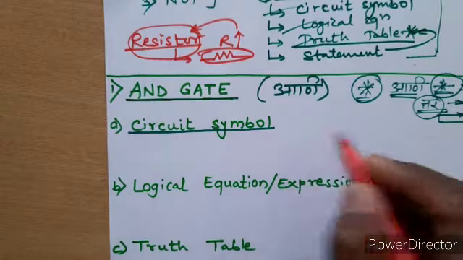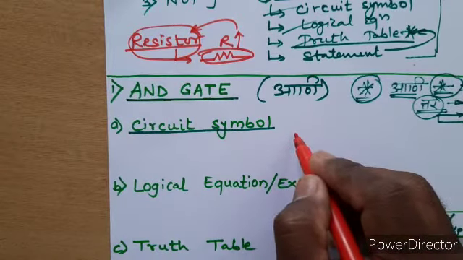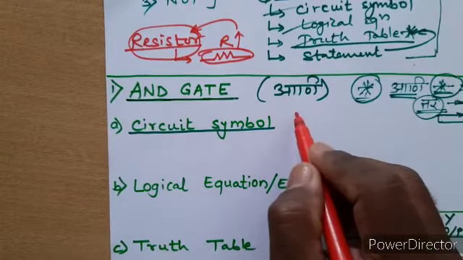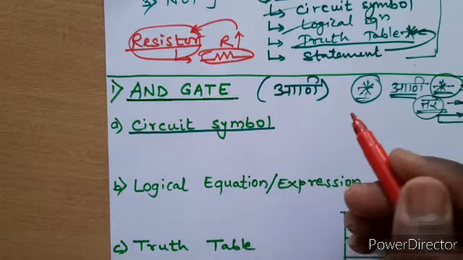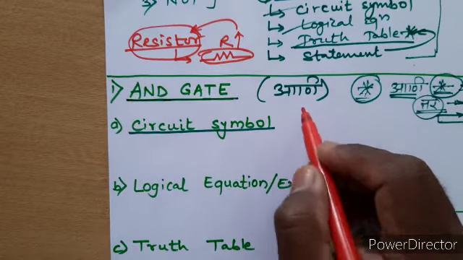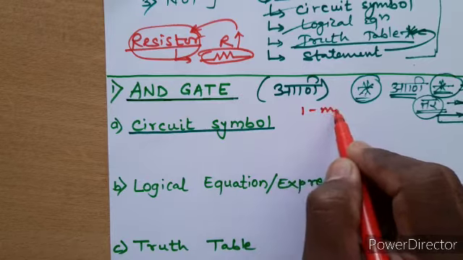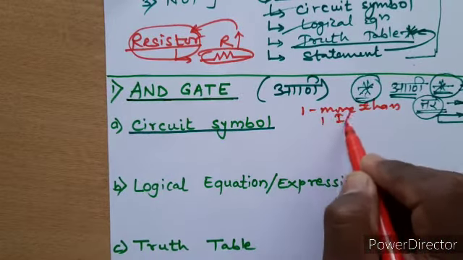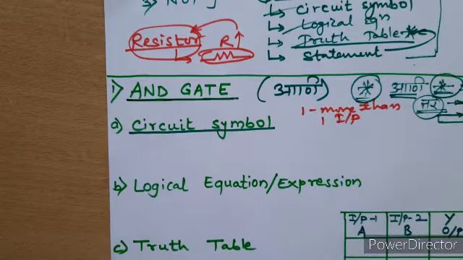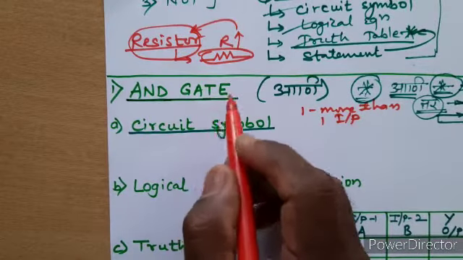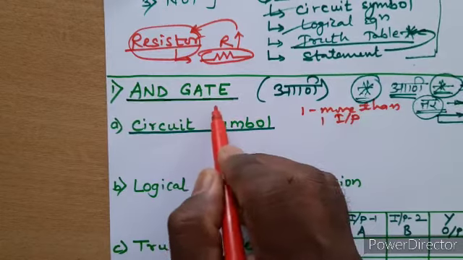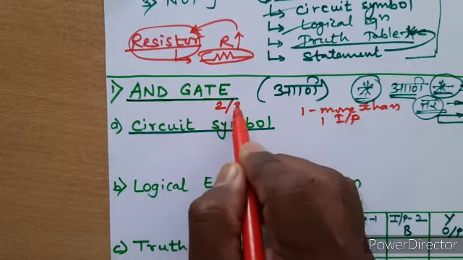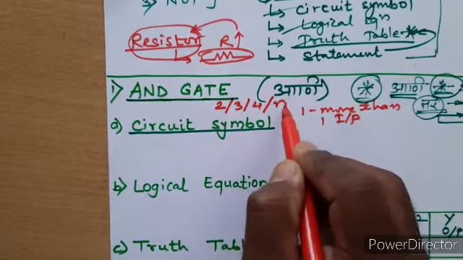Okay, so circuit symbol for the AND gate is very simple. Now here as per the definition, we can have one or more than one input. एक या एक से ज़्यादा इनपुट गेट्स को होते हैं. तो एंड गेट के लिए मिनिमम 2 इनपुट्स लगते हैं. 2 से अब you can increase, you can go for 2, 3, 4 n number of inputs.